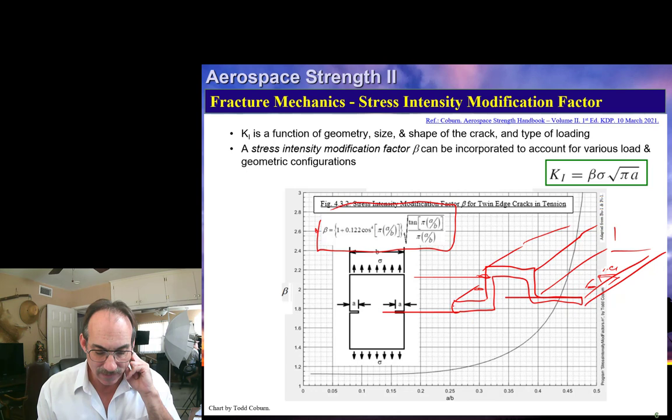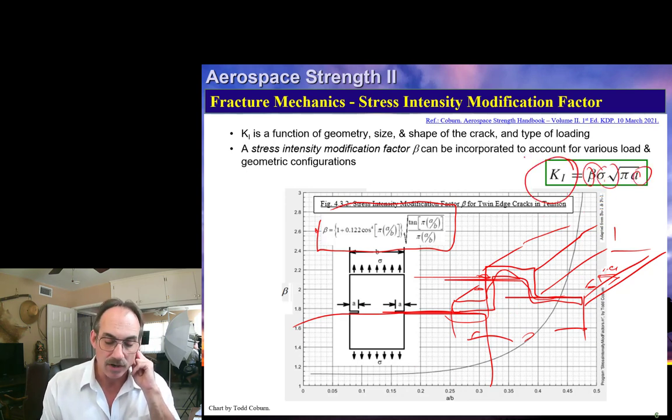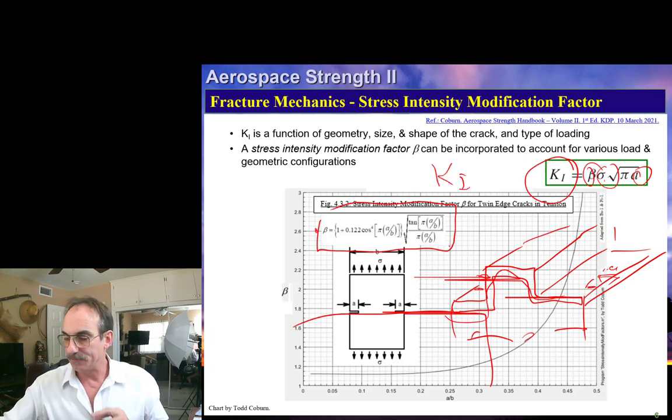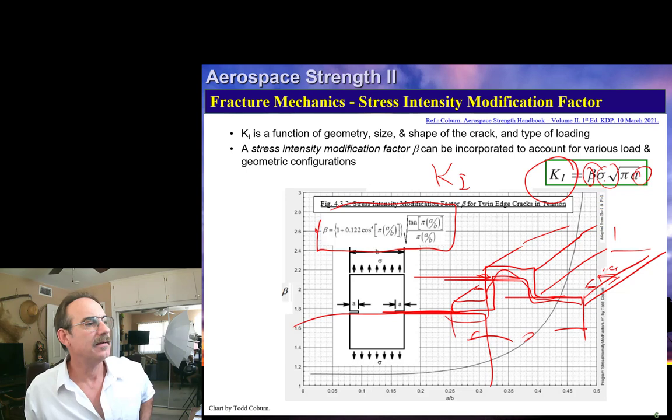We'll take that crack length, we'll calculate that same folded out B value, effective width of the part, and we can plug in those values to get our A over B ratio, which we place here with our max stress and our A parameter to get our stress intensity, K1. Got it?